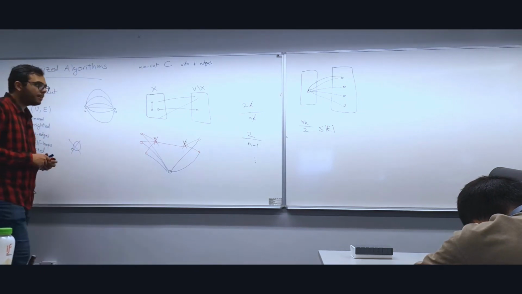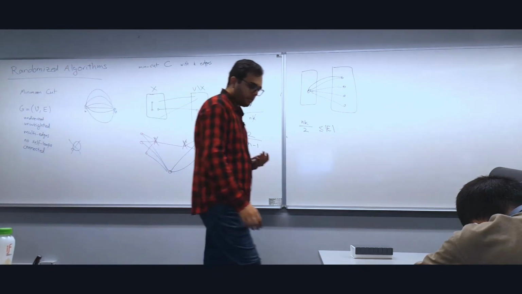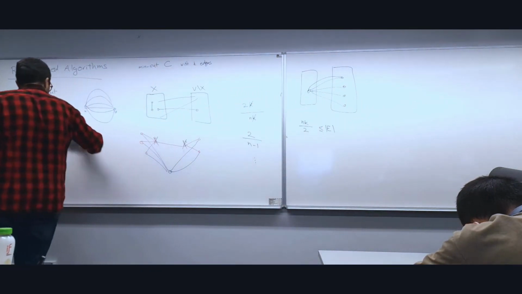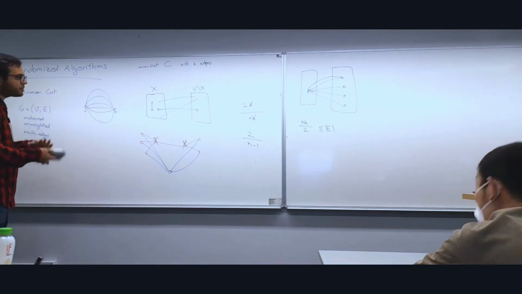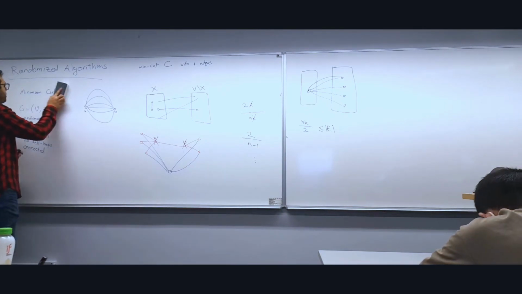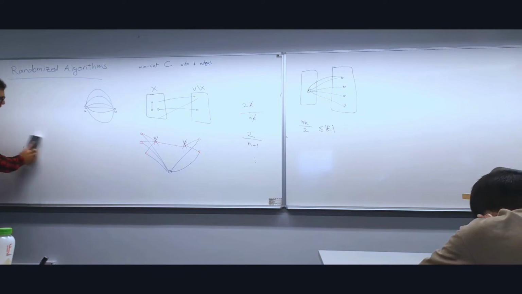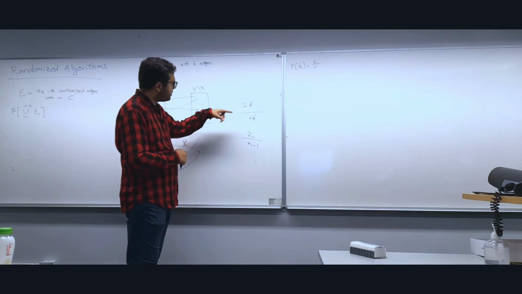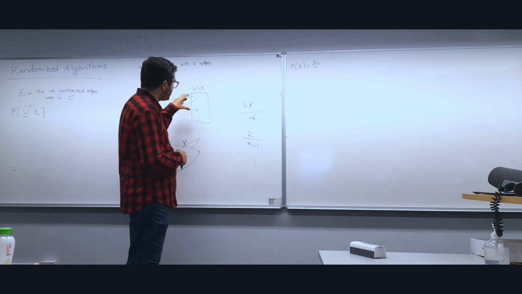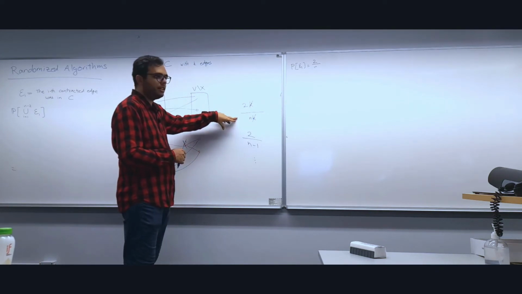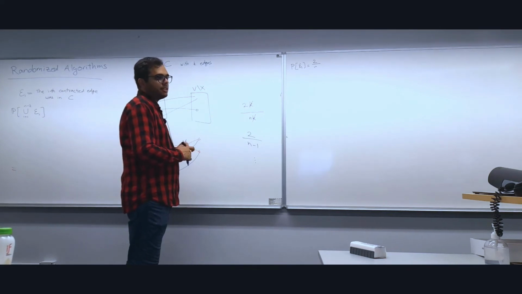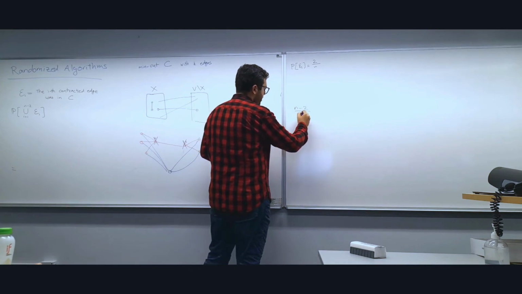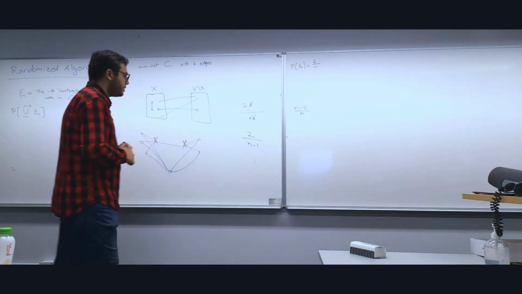Okay. So now, what is the probability that eventually something goes wrong? What is the probability that in all of the n minus 2 iterations, at some point, I contract an edge that was in my MinCut? The probability that the edge that I took is inside my set C is at most 2 over n. So the probability that it's not in the set C is n minus 2 over n. Right?